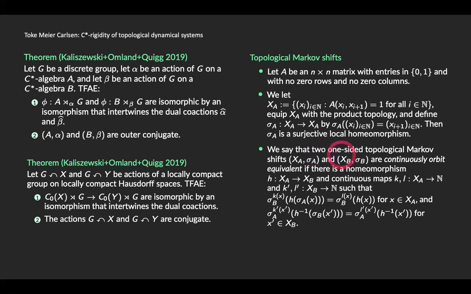So we say that the two one-sided topological Markov shifts are continuously orbit equivalent if there's a homeomorphism h from X_A to X_B and continuous maps k and l from X_A to the set of non-negative integers and k prime and l prime from X_B to the set of non-negative integers, satisfying this condition for every x in X_A and this condition here for every x prime in X_B.